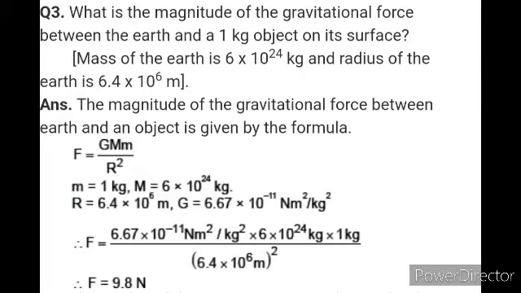Small m, the lowercase m, is the mass of the object, and it is given that the object is of 1 kilogram. So putting that, divide by radius square. Radius of the Earth is 6.4 into 10 raised to power 6 and its square. So when you solve this, you will get the answer as 9.8 Newton.